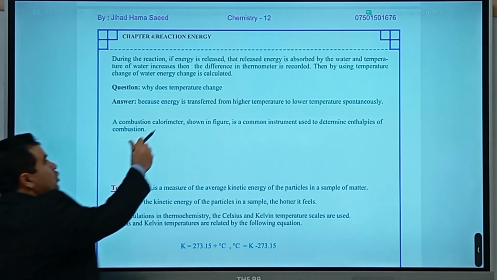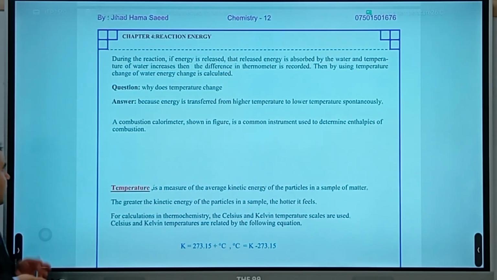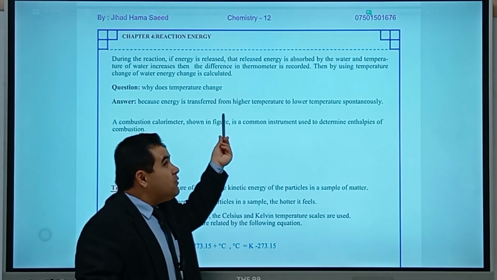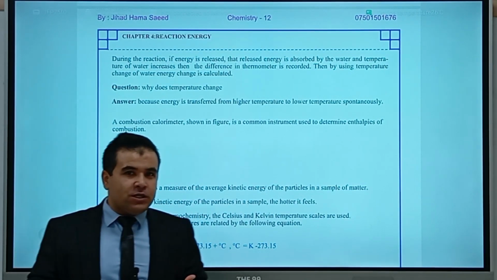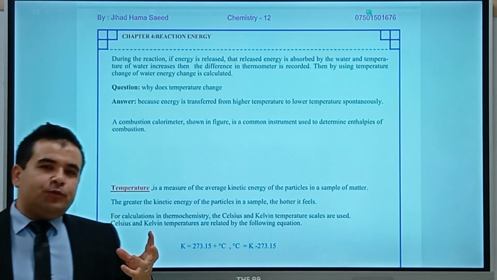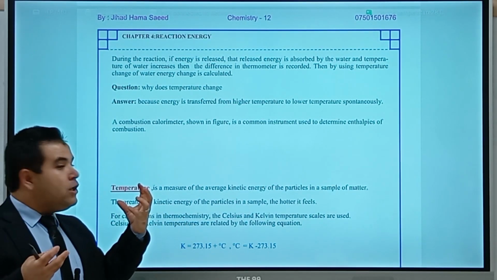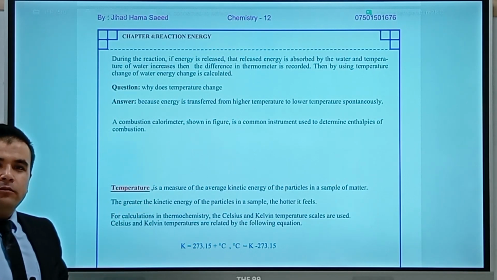Why does temperature change? What's the reason behind changing temperature? The answer is that energy is transferred from a higher temperature to a lower temperature spontaneously. Whenever we have two objects, we'll be talking about this in heat, the energy spontaneously transfers from the hotter one to the colder one.